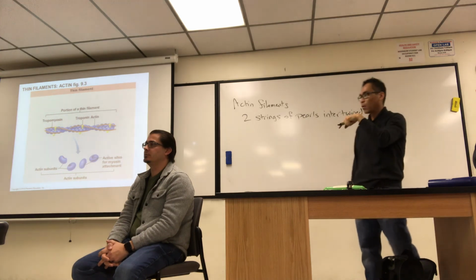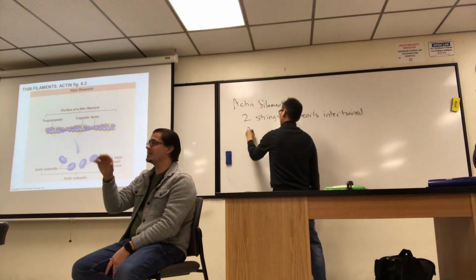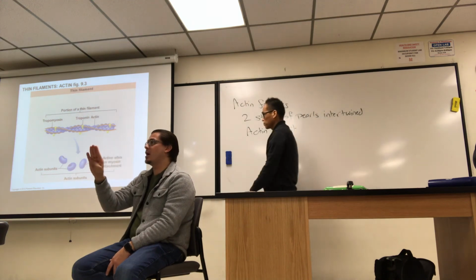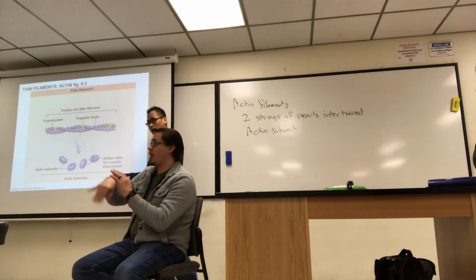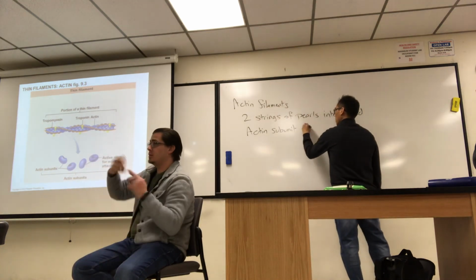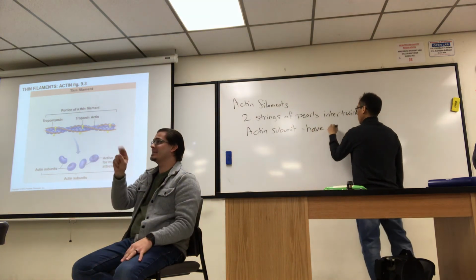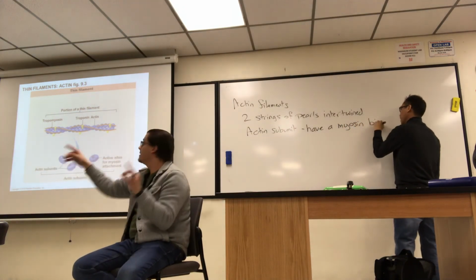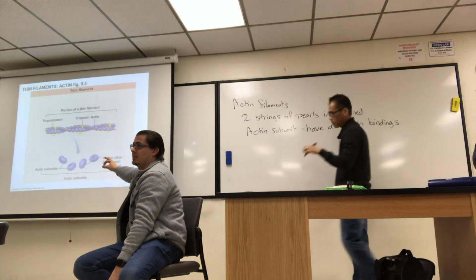If you take a pearl, they call that the actin subunit. At the bottom, you can see that the actin subunits have the active sites for myosin attachment, right? That was what I alluded to earlier. I'll say they have a myosin binding site called active site.